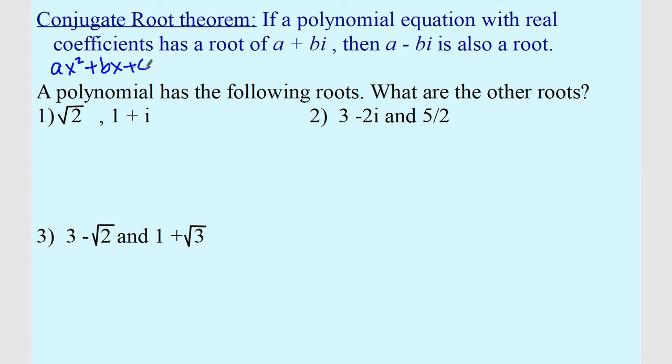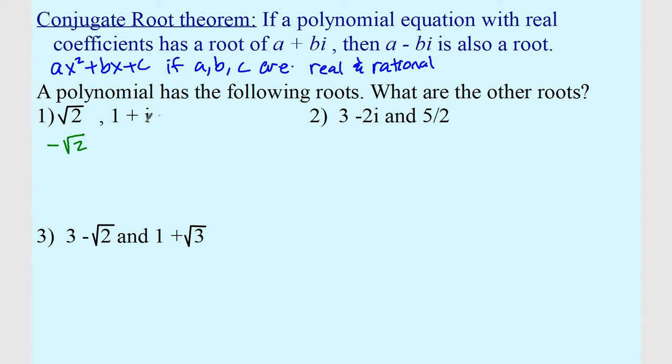So if a, b, and c are real, rational numbers, then if I've got one thing with a radical, then I have its conjugate. So if I've got square root of 2 that has a radical, that conjugate would be negative square root of 2.